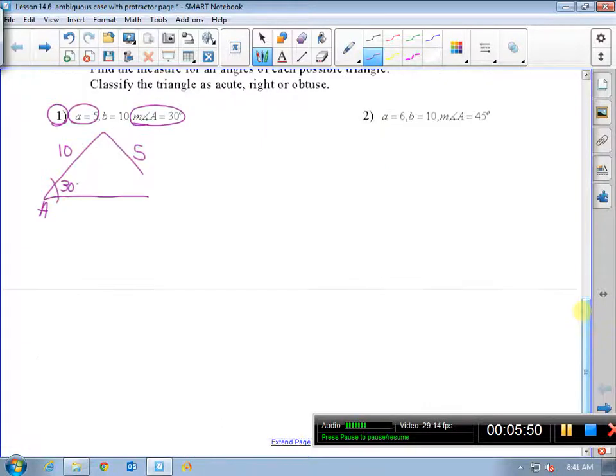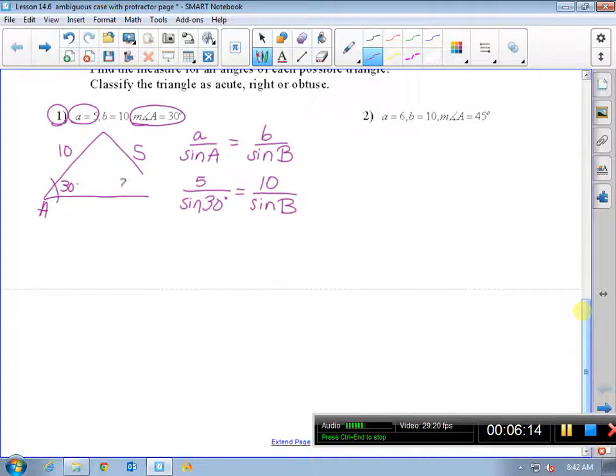So using the law of sines, remember I can say side a is to the sine of angle A as side b is to the sine of angle B. So we're going to set up 5 is to the sine of 30 as 10 is to the sine of B. We don't know what angle B could look like.